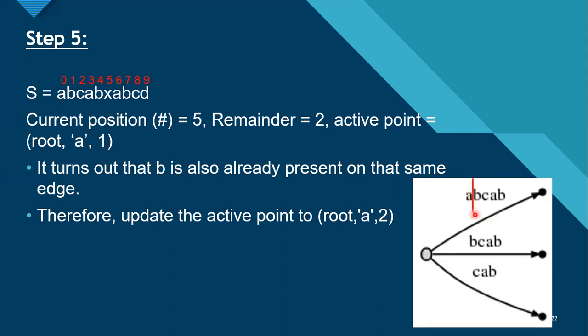It tells us to insert the new character B here. When we try to insert this new character B, we will find that it already exists there. So as we did in the previous step, we do nothing about the structure of the tree and we just update the active point to be root A2. It will now point to this position right here after the B.